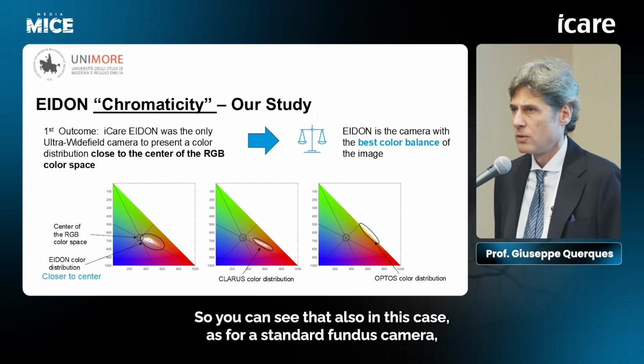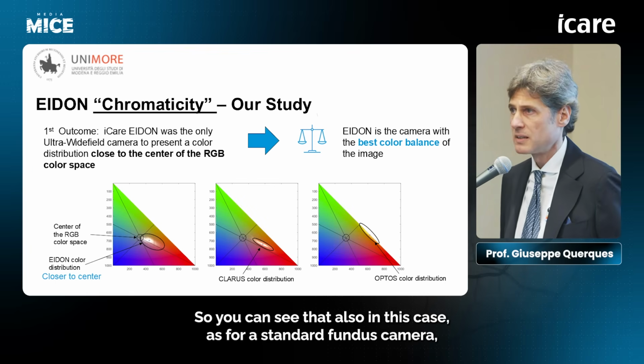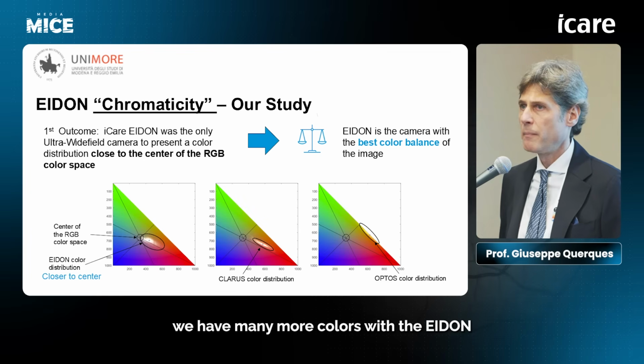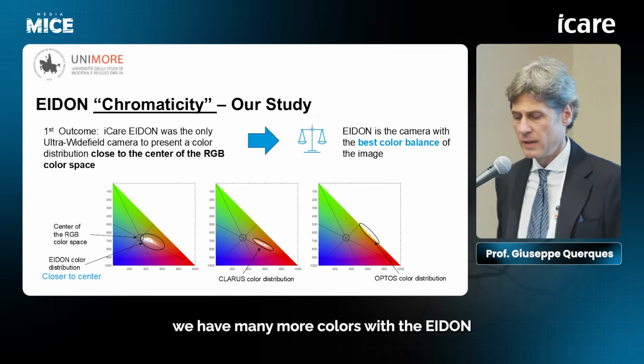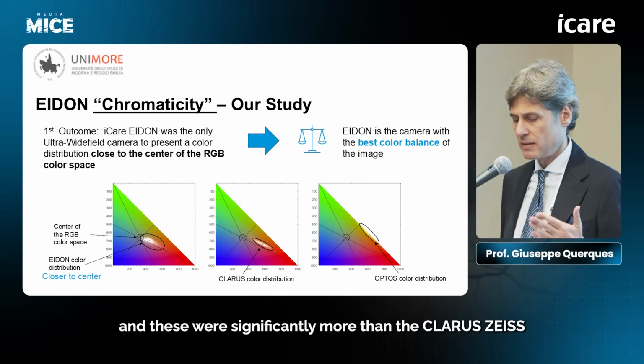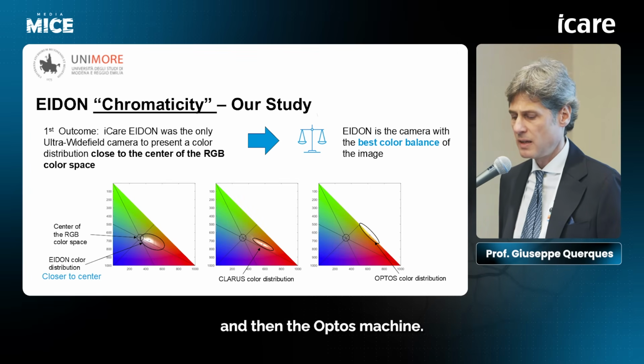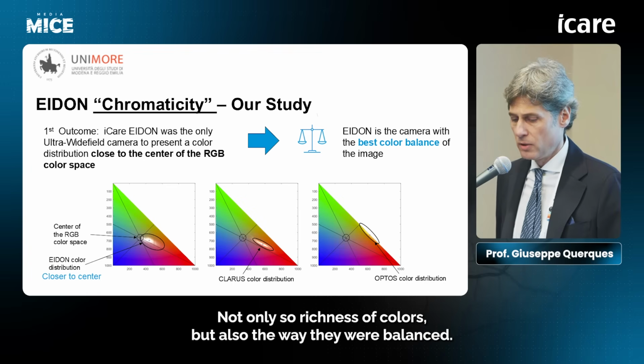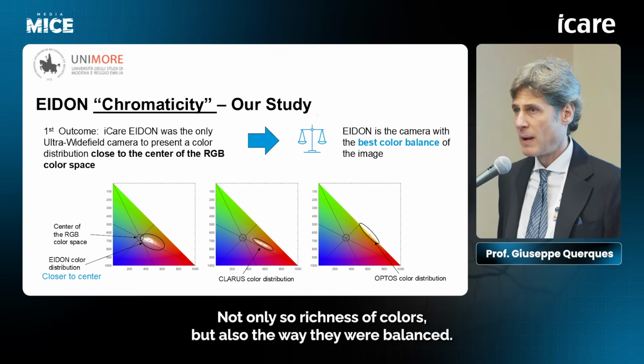So you can see that also in this case, as for a standard fundus camera, we have many more colors with the EIDON, and these were significantly more than the Clarus Zeiss and then the Optos machine. Not only richness of colors, but also the way they were balanced.